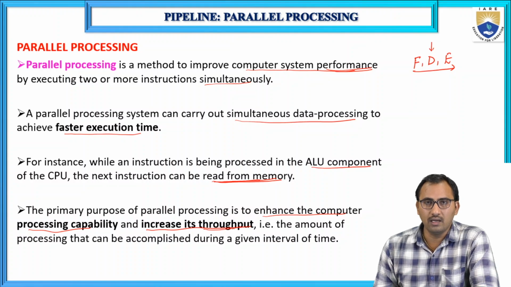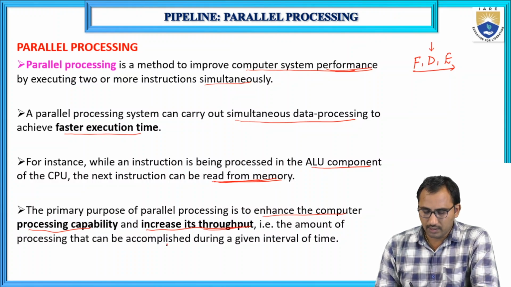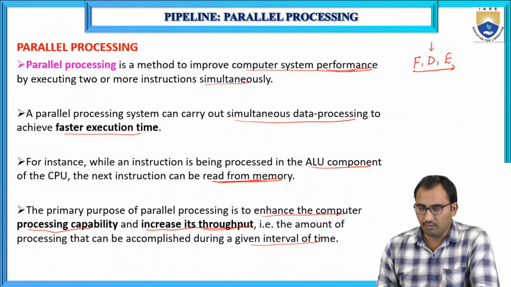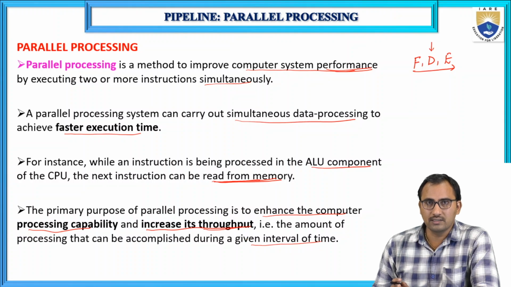Throughput is the amount of processing that can be accomplished during a given interval of time. So using throughput, we can measure the performance of a system during a given period of time.